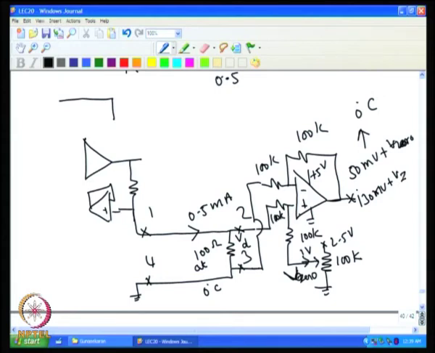So, that is the net output at this point. You will have about 80 millivolt variation at this point.